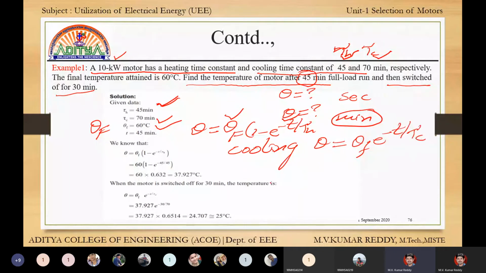Theta f is now 37.927, e power minus 30 by tau c. Tau c is 70. The value is approximately 25 degrees centigrade.